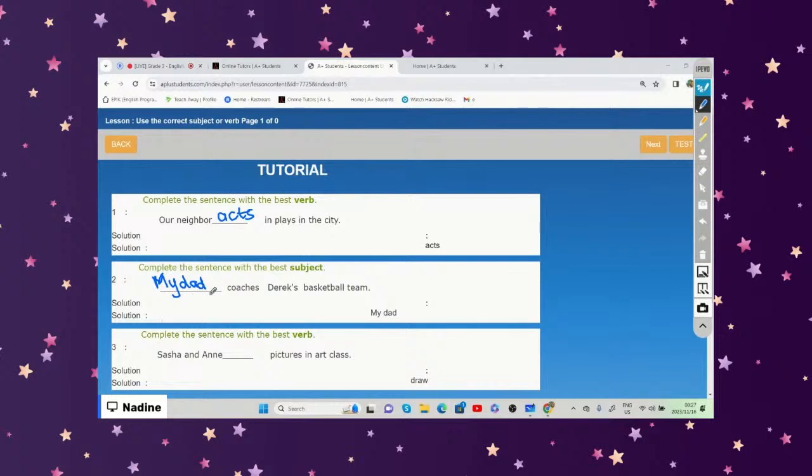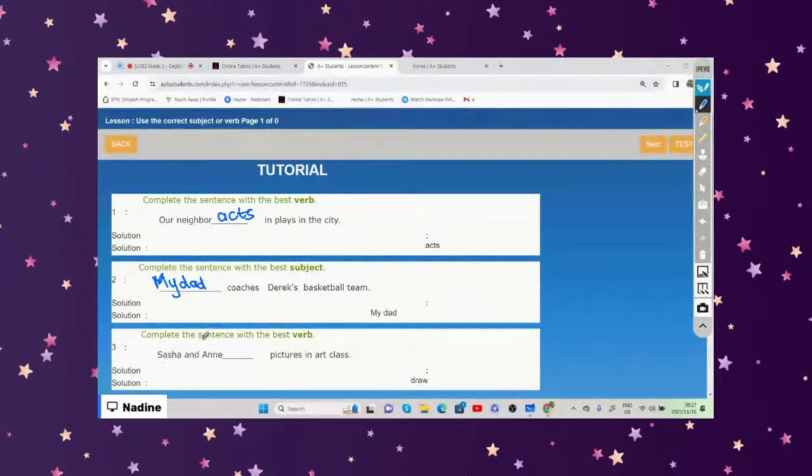So my dad refers to a singular subject. And then we need to select the verb.